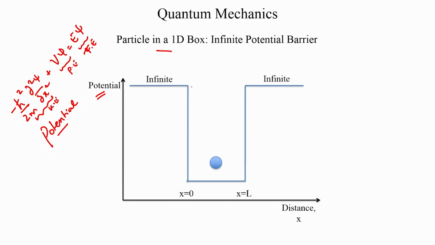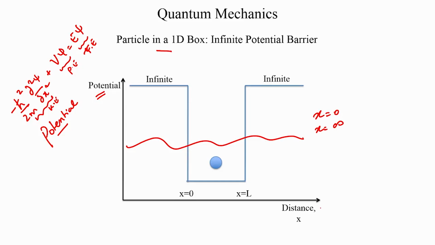So, in this case we now have a potential profile that looks like as shown, and the particle or the wave function exists somewhere in this region from x equal to 0 to x equal to infinity.